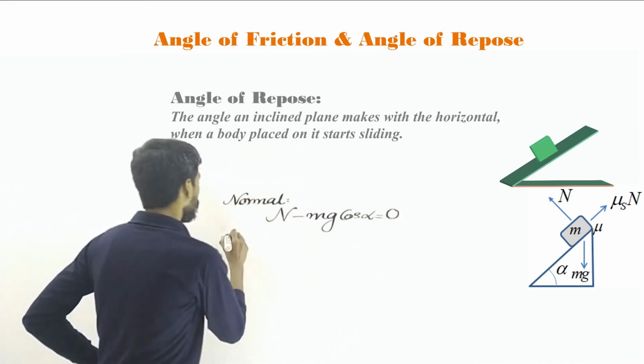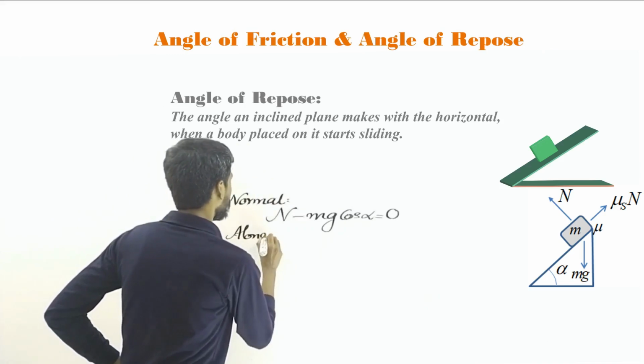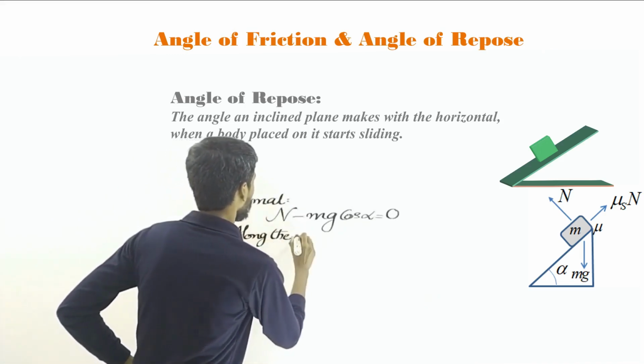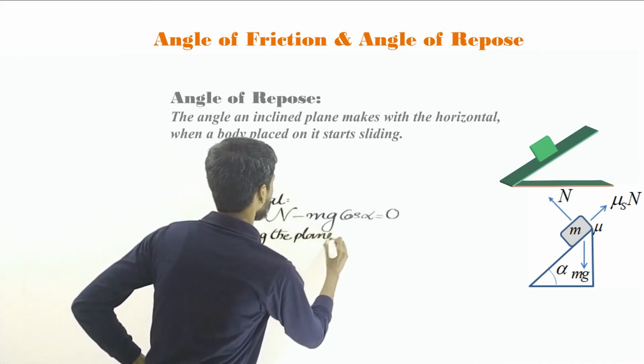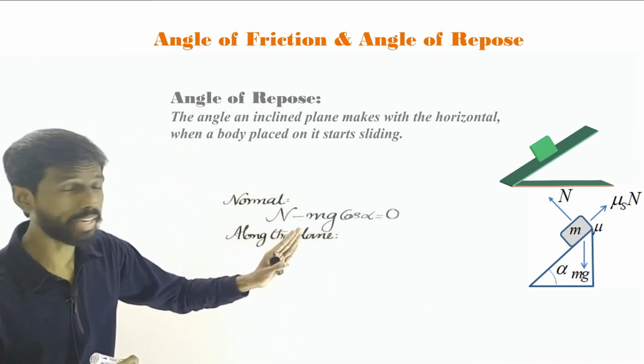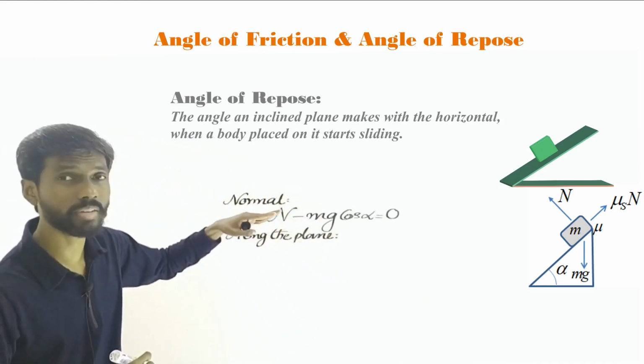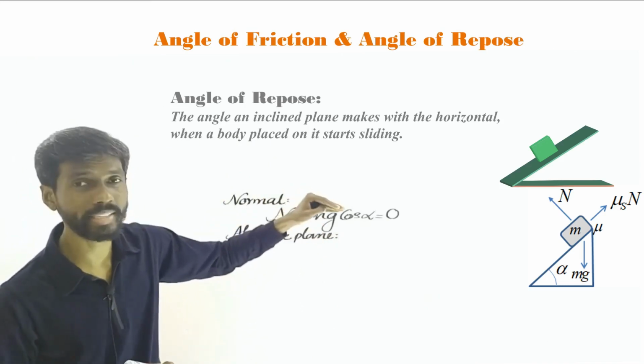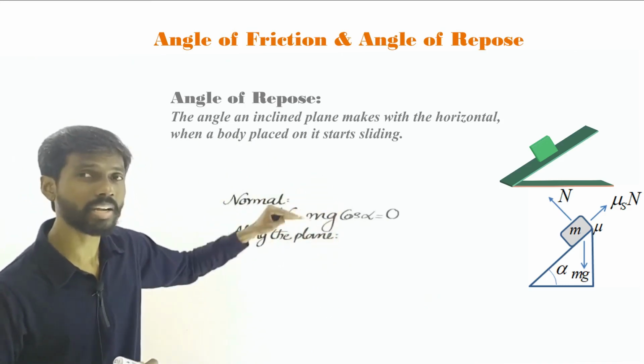Next, along the plane. Now consider all the forces acting on the block along the plane. The component of the gravitational force in the direction of the plane: the angle is alpha, so 90 minus alpha, which gives mg sin alpha in this direction.